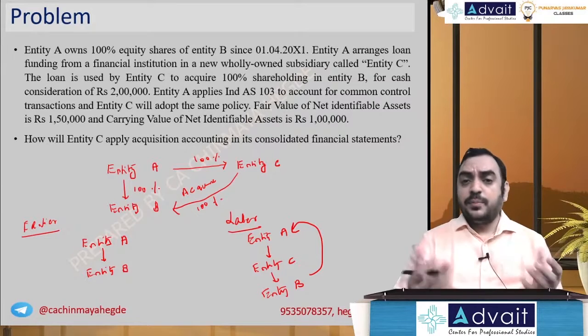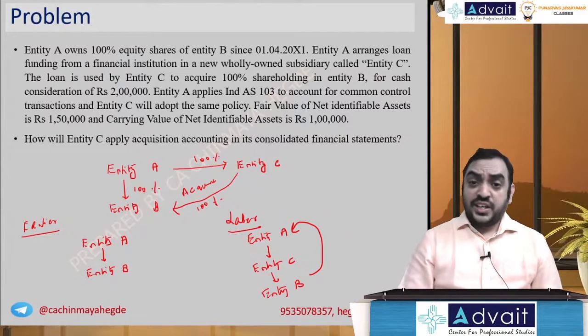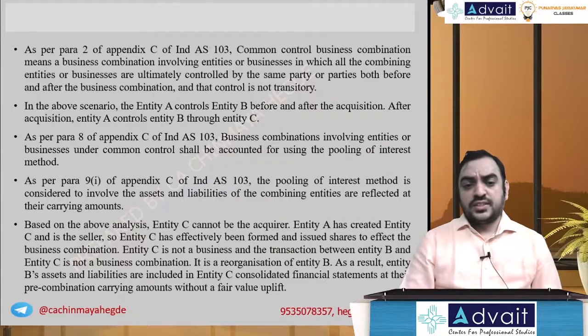So this is a typical case of entities under common control. And you know, in entities under common control, goodwill and all should not be recognized. Let's see what the solution says.